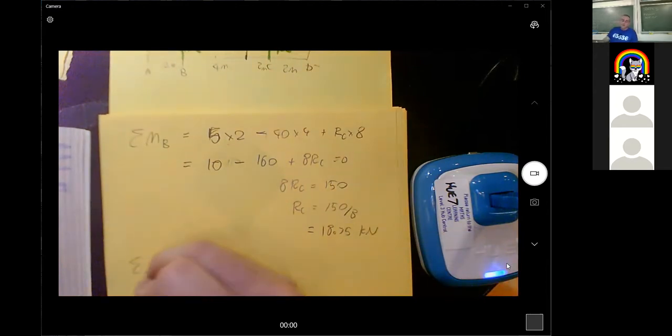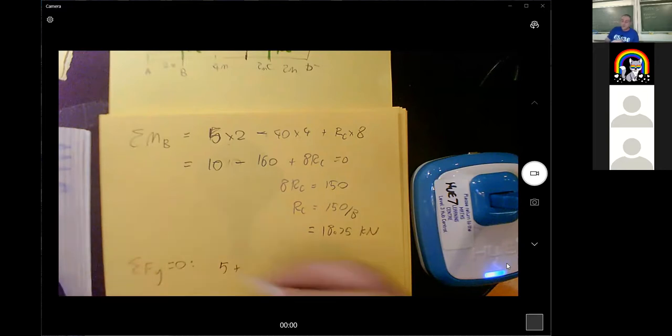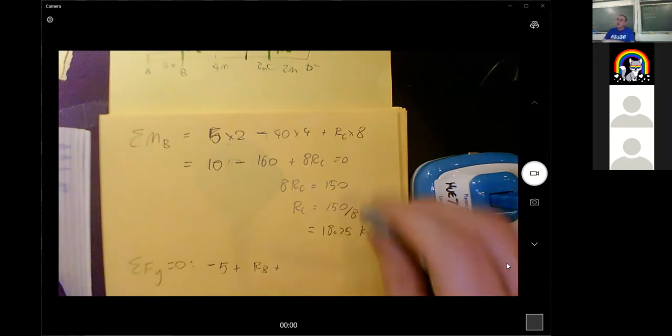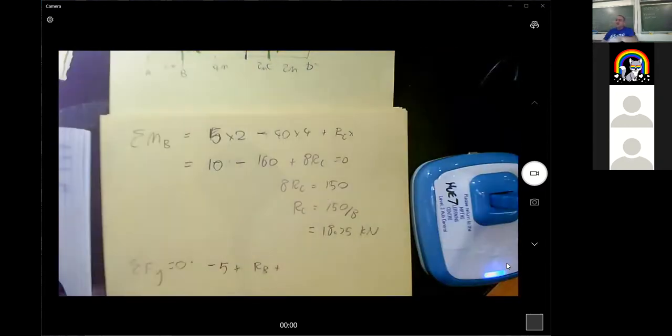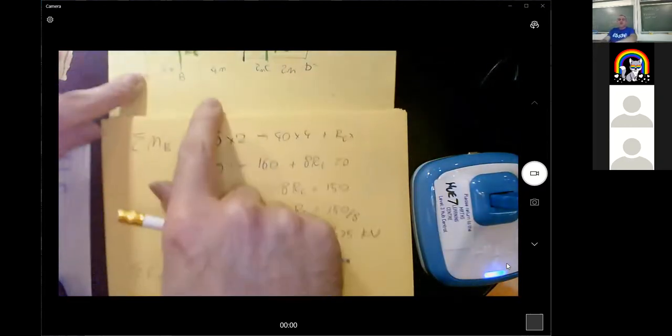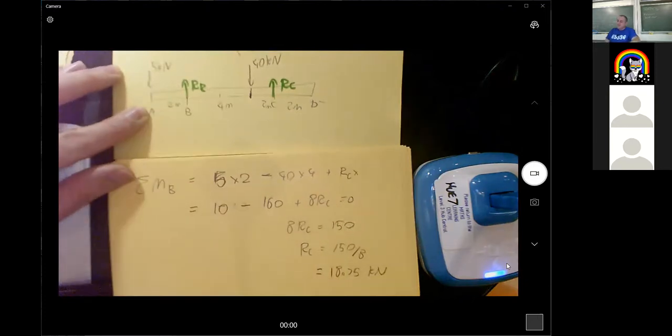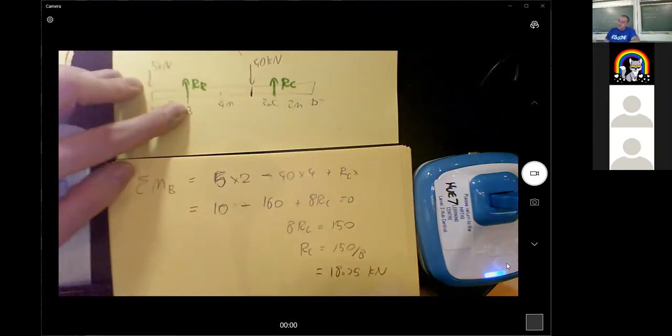And then the sum of the forces in the y direction. I was doing the reactions. Oh, damn it. I got confused because one of them was at A. 6.